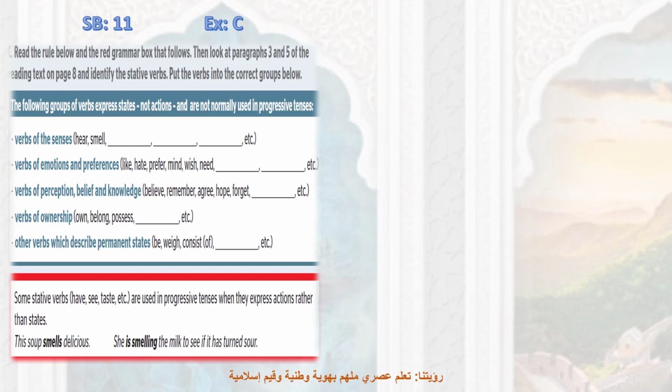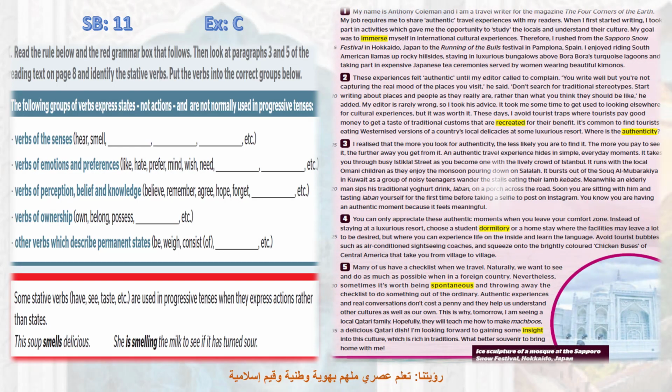Then look at paragraphs 3 and 5 of the reading text on page 8 and identify the stative verbs. Put the verbs into the correct groups below. We have here groups of stative verbs, and we have to identify the stative verbs in paragraphs 3 and 5 on page 8.